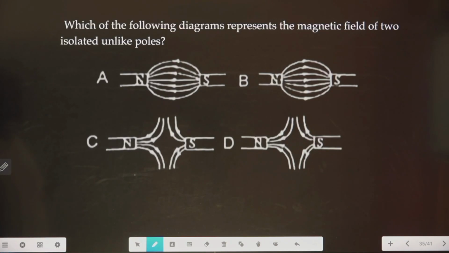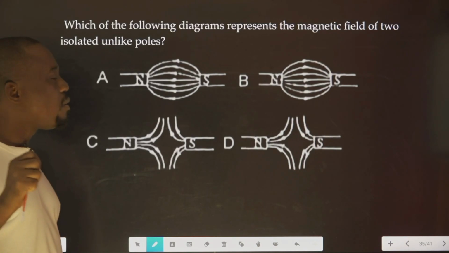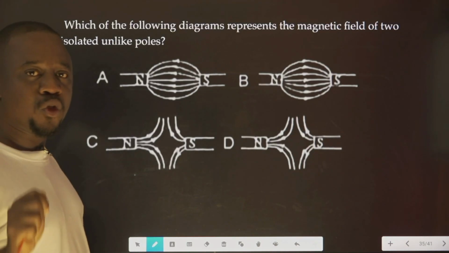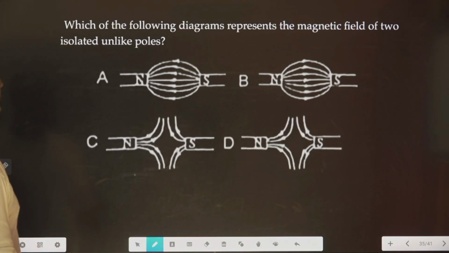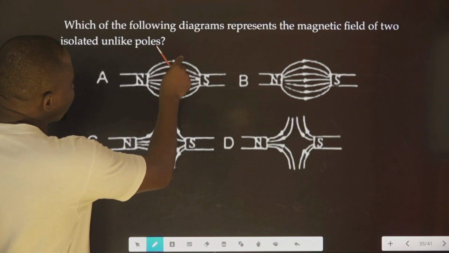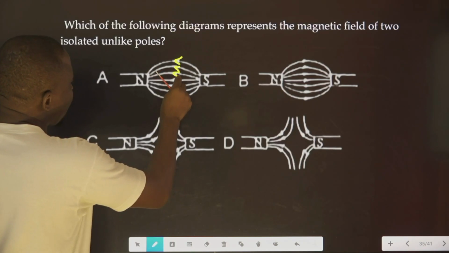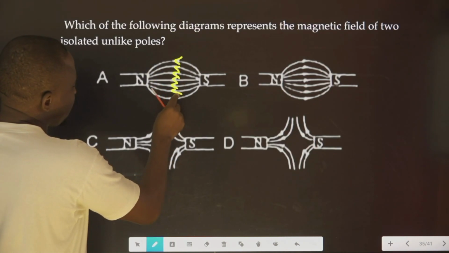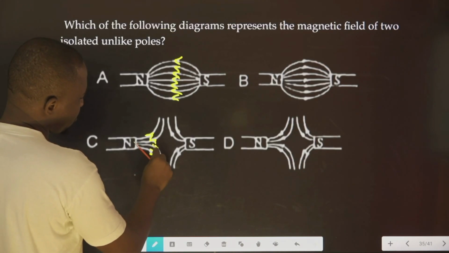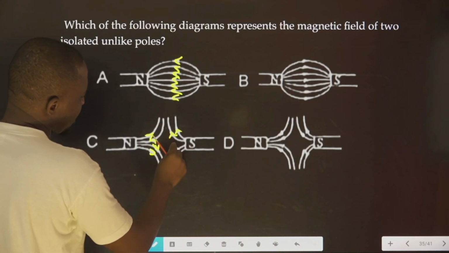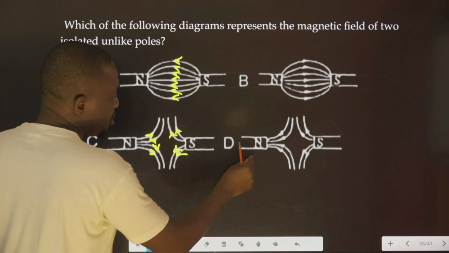Which of the following diagrams represents the magnetic field of two isolated unlike poles? Unlike poles means opposite poles, north and south, okay? As you can see from this diagram, this is the direction of this magnetic field, according to the question.